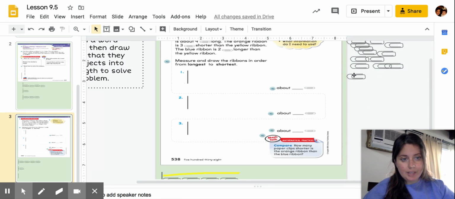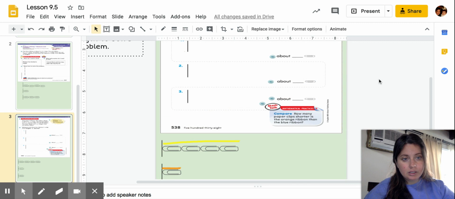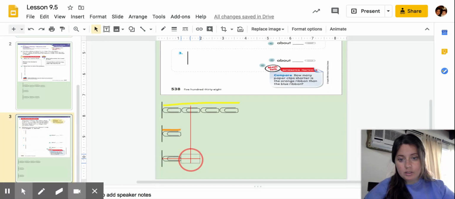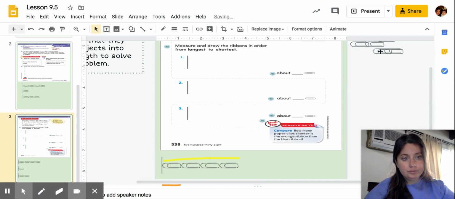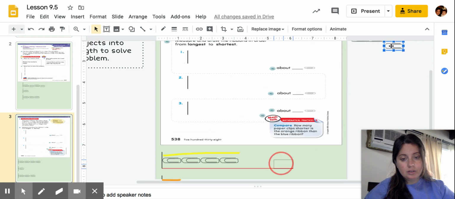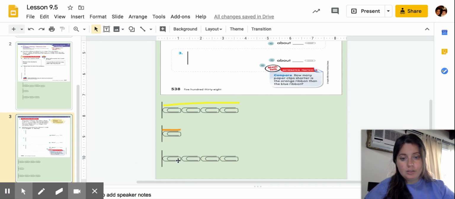So I'm going to do the same as yellow plus 2 more. 1, 2, 3, 4. So this is what yellow is, and I've got to do 2 more in order to make the blue.